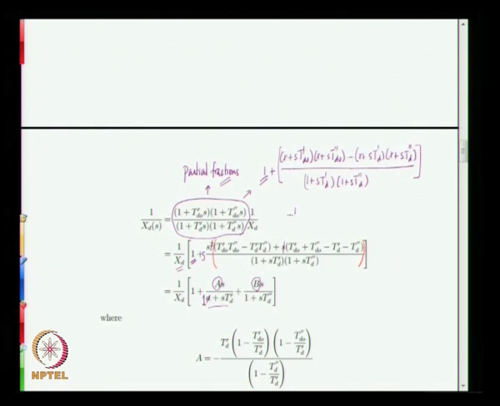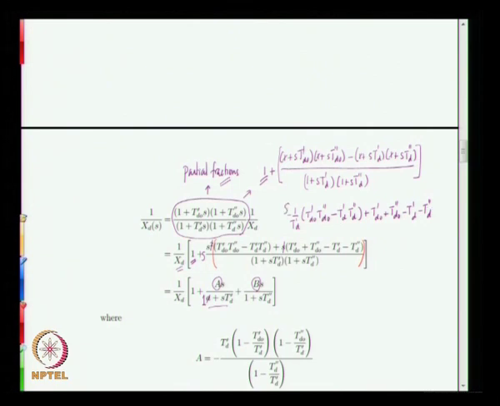So you have minus 1 by T'd multiplied by T'do into T''do minus T'd T''d, plus T'do plus T''do minus T'd minus T''d. So what we have done is substituted s equal to minus 1 by T'd.